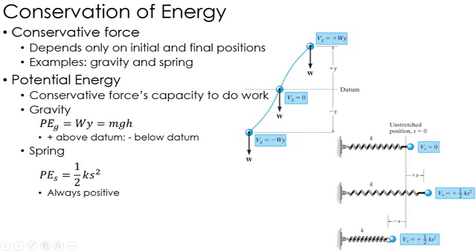Similarly, if I compress it in the negative s, to get it back to datum, it's going to push it to the right, and move it to the right. Therefore, it has potential to do positive work to get back to datum. So a spring's potential energy is always positive. Gravity's potential energy, if it's above the datum, is positive. If it's below the datum, it's negative.